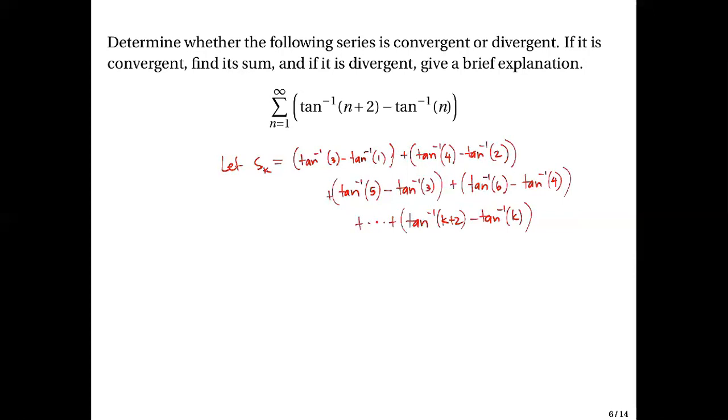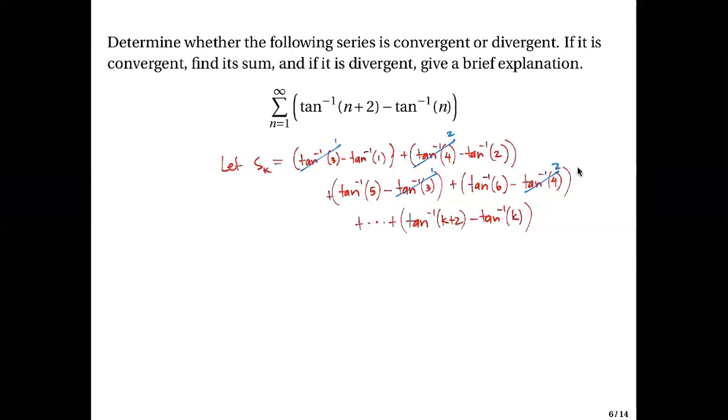And then in here we see that tangent inverse of 3 will cancel this one. So let me put this as 1. And then this one will cancel this one. Let me put this as 2.